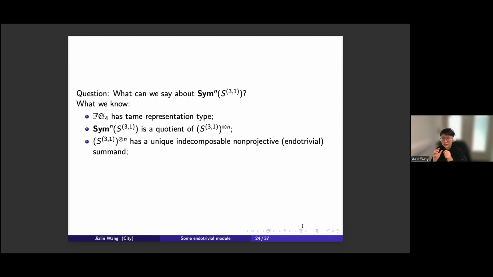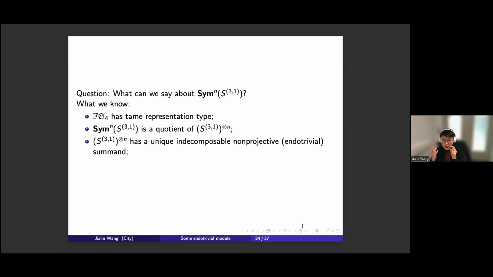And second of all, since S31 is endotrivial, and previously we said that if we take the nth power of an endotrivial module, there will only be one non-projective indecomposable summand, and that summand is again endotrivial. So it means that even though it has tame representation type, in each nth power you only have one thing coming out which is not projective, and in fact you can describe them as well.